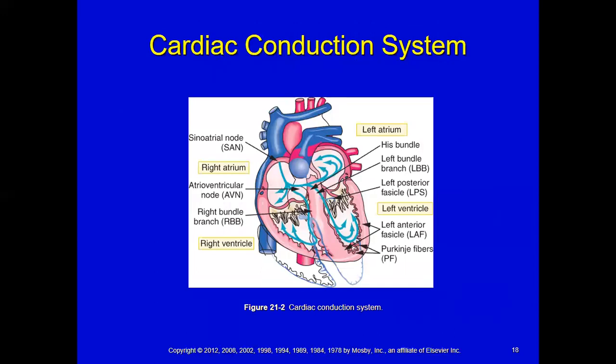All right, and I know you guys all know what the heart looks like, okay? But here's my SA node up here in the top of my right atrium, okay? Your AV node, again, is down here about 3/4 of the way down in your right atrium. And then we're gonna start out and have the bundle branches, and you're gonna have your bundle of His, okay?